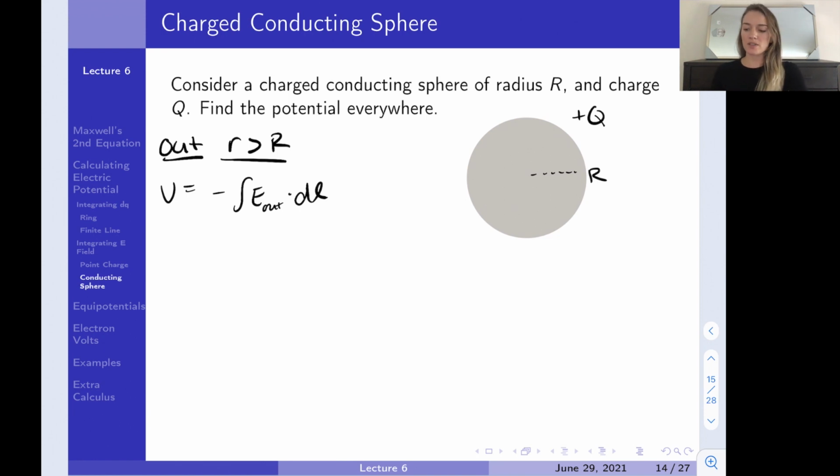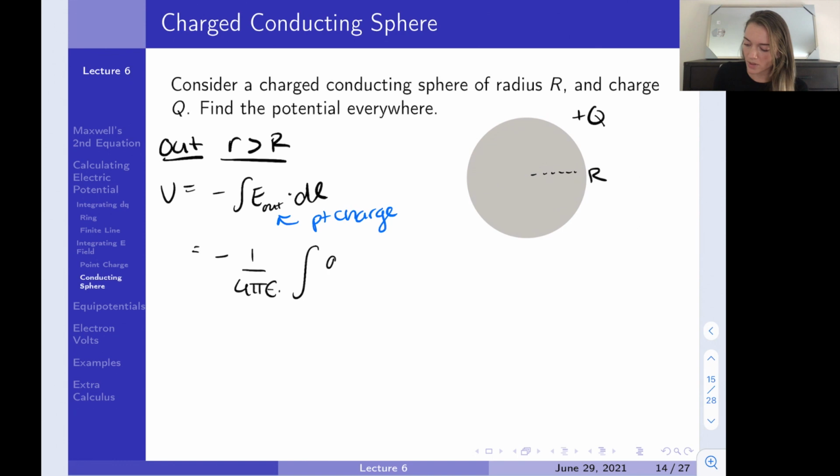Well, we know it's just going to be the electric field of a point charge. So let's plug that in. We have negative, and I'll worry about my limits of integration in a second, 1 over 4 pi epsilon naught, Q over r squared, and we're integrating with respect to dr. Oh, this should be capital Q.